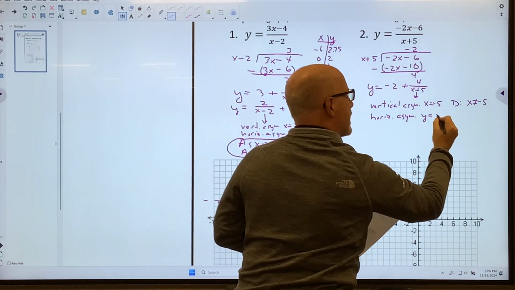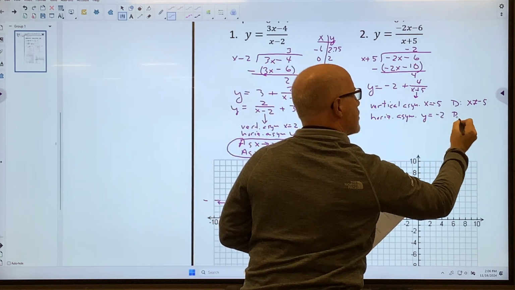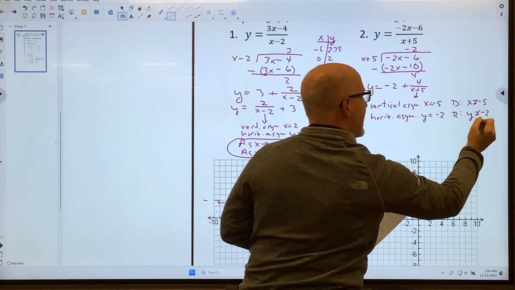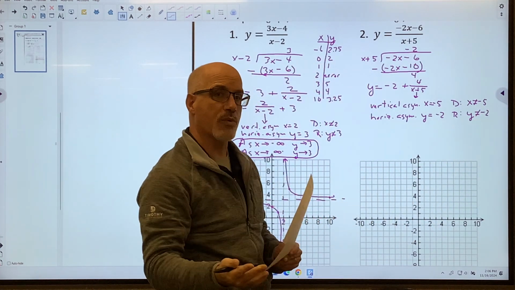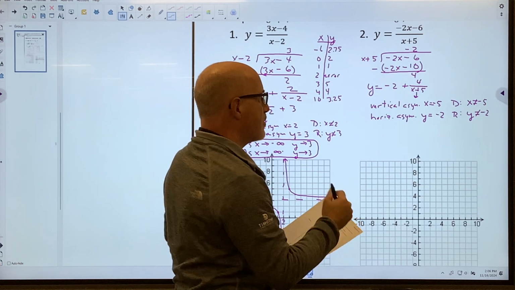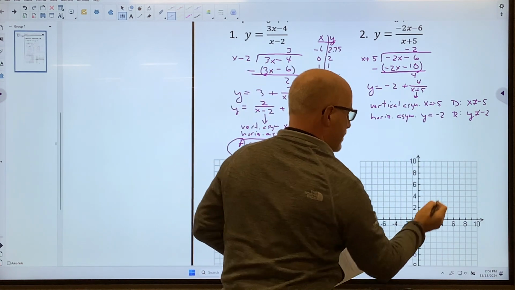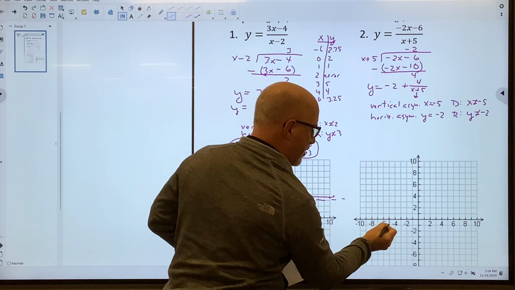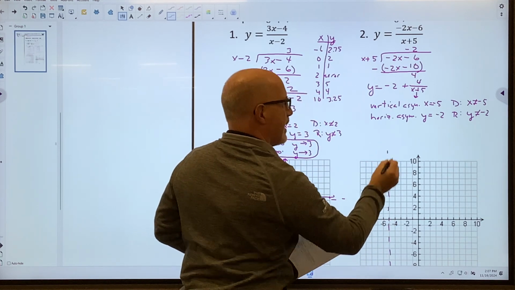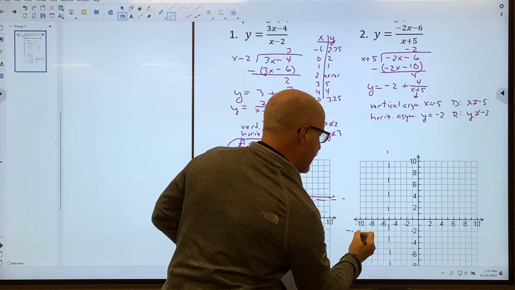So y equals negative 2, so my range is going to be that y does not equal negative 2. It can get close to it, but it doesn't actually get to that negative 2. So let's draw our two asymptotes. X equals negative 5 is over here, and then y equals negative 2 is right here.